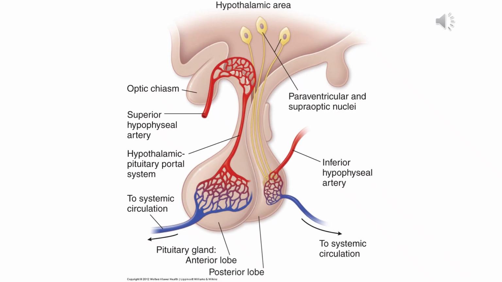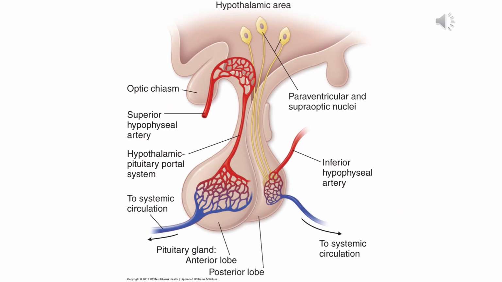It comes together to form the hypothalamo-hypophyseal portal system or portal vein, which breaks up into a capillary bed in the anterior lobe of the pituitary gland. So the 7 hormones that are made by the hypothalamus to stimulate cells in the anterior pituitary gland travel by way of this portal system to the adenohypophysis.